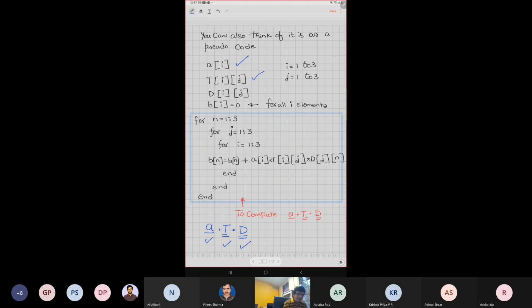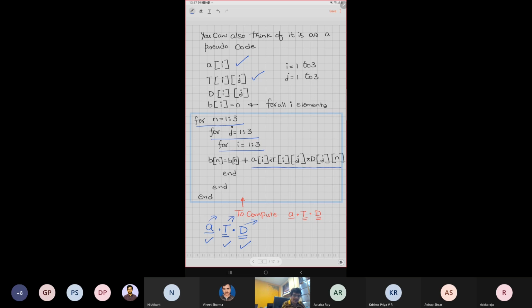Now, for n equal to 1, 2, 3, for j equal to 1, 2, 3, for i equal to 1, 2, 3, I'm going to calculate A_i T_ij multiplied by D_jn in the loop.